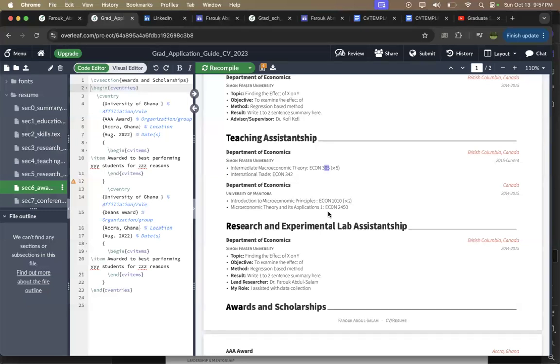Fulera, any pointers to this? Yeah, so I would say for those in education, if you don't have any teaching assistant experience, you would want to mention your teaching experience, especially the gap year whilst you were teaching. Sometimes they want to know the context, the backgrounds of students, because as you are taking an education course here, students in Canada, for example, are from different backgrounds because of its multicultural nature.